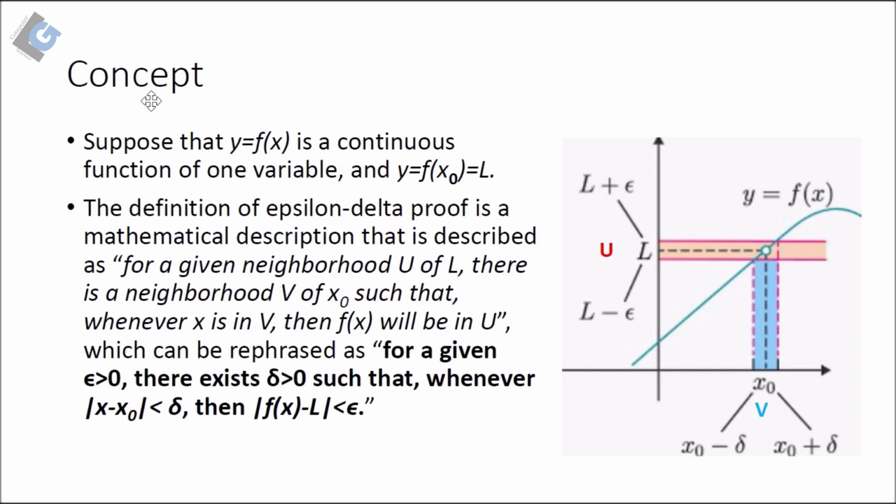When x equals x₀, then f(x) will approach some value, for example, L. We can use the following description, which means for a given neighborhood U of L, there is a neighborhood V of x₀, such that whenever x is in the domain V, which is the blue area, then f(x) will be in the region U, which is the red area.